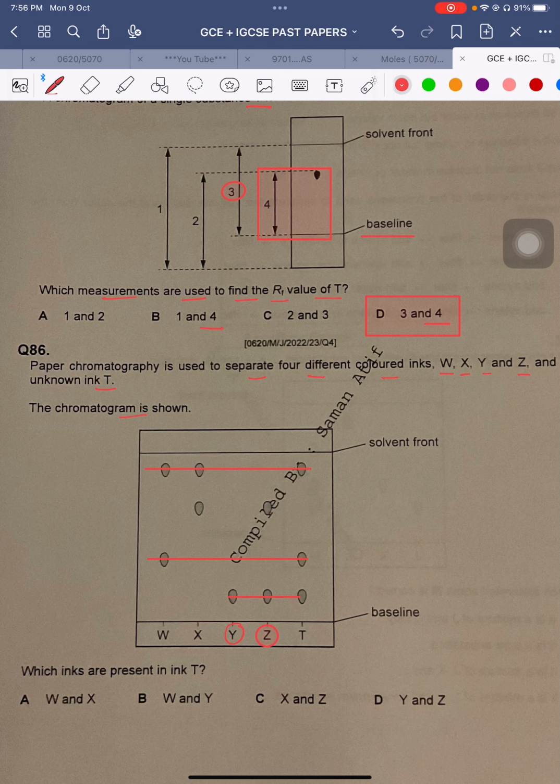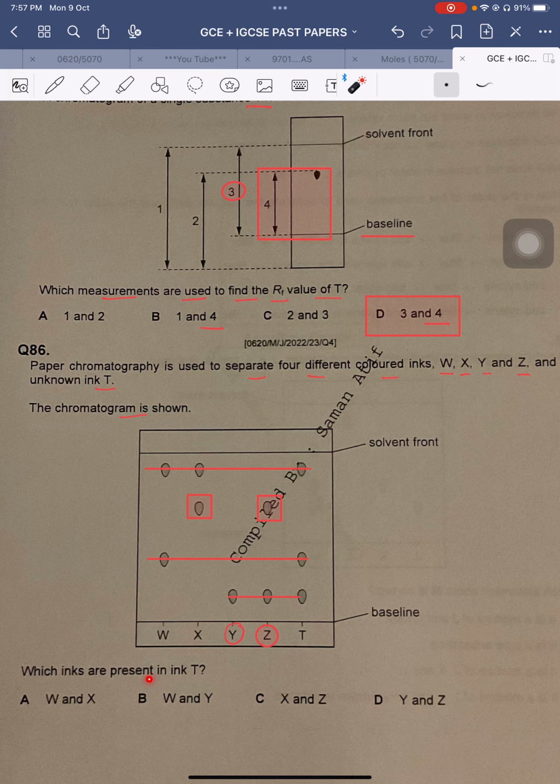Remember this thing, that all the spots must be present in T. You can see that Z is converting itself into one more spot, which is not present in T, whereas X is also converting itself into one more spot, which is also not present in T. W is converting itself into two spots, both of which are matching with T, and Y is converting itself into only one spot, which is matching with T. So W and Y is the answer.